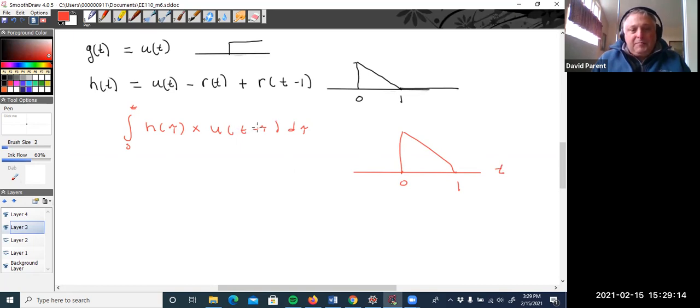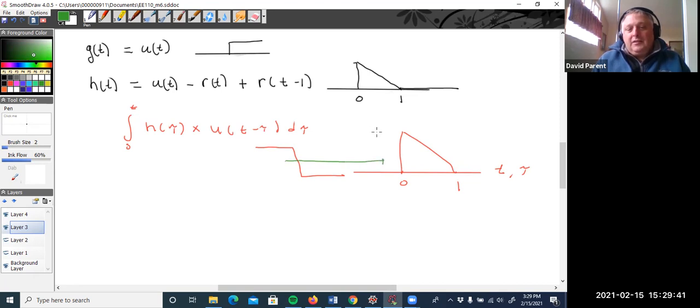But I'm flipping the step function. So this is t and it's tau, right? So what happens is I increase t as I go along, but the minus tau has reversed the shape. So I'm dragging it across.